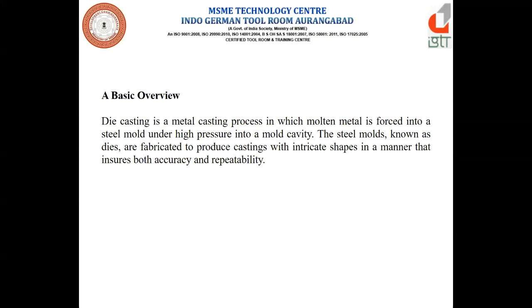Die casting is a metal casting process in which molten metal is forced into a steel mold under high pressure. So this mold is made of steel, and the metal is poured with high pressure, so that we are able to procure the intricate shapes of the required part.